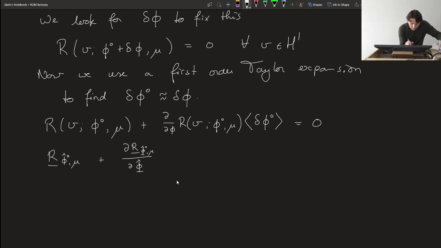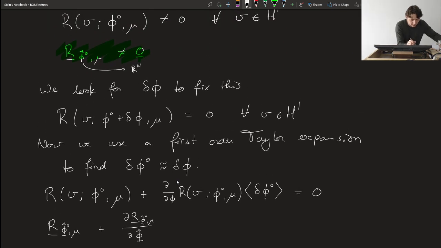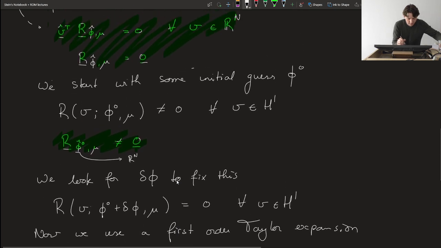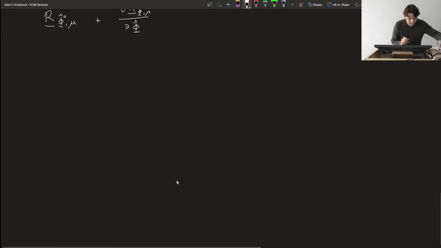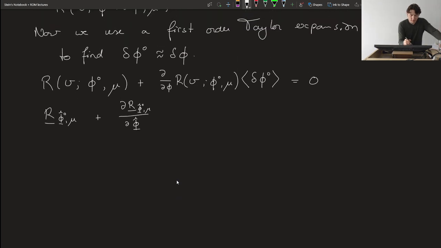So the phi's are vectors, phi's in Rn. And this partial derivative in the direction of delta phi naught is somehow acting on this vector delta phi naught. This is again a vector in Rn. And that's going to be equal to 0.